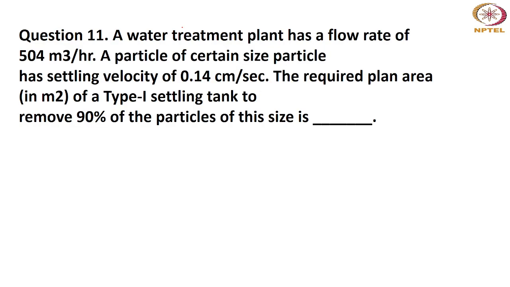So the next one: a water treatment plant has a flow rate of 504 meter cube per hour. A particle of a certain size has a settling velocity of 0.14 centimeter per second, and you have to calculate the required plan area for a type 1 settling tank, which should remove 90% of the particles of that size.